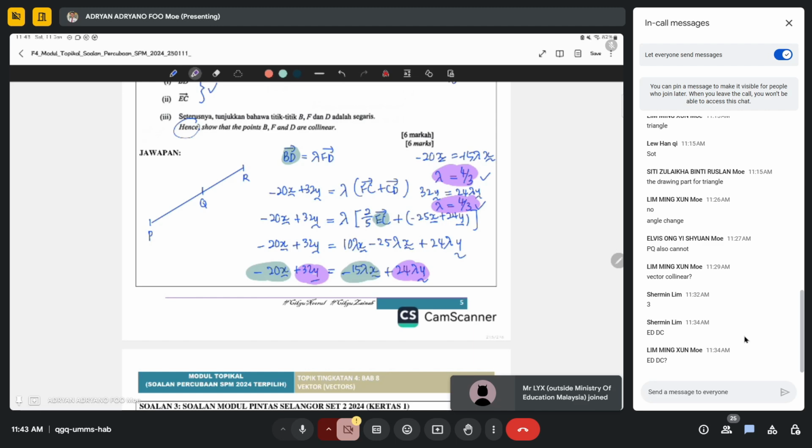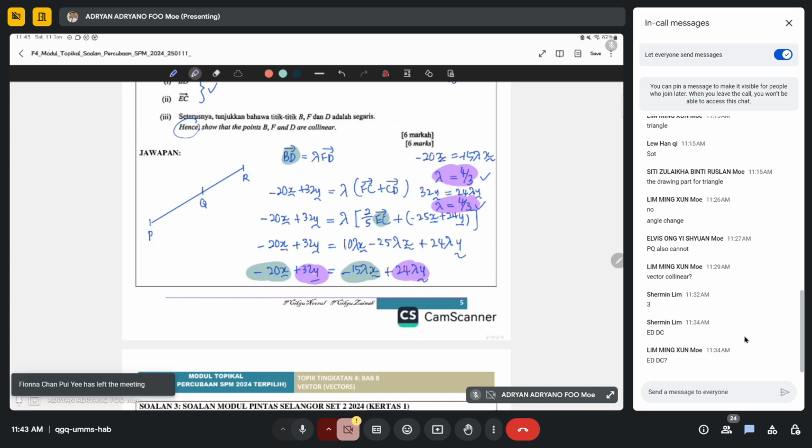So remember, whenever we want to prove it's collinear, we must find the constant lambda or k, up to you. Don't use the old method we used last time, where we divided top by bottom and tried to factor out the constant. That is the old method, which is not acceptable now.